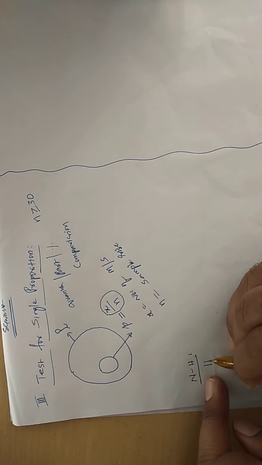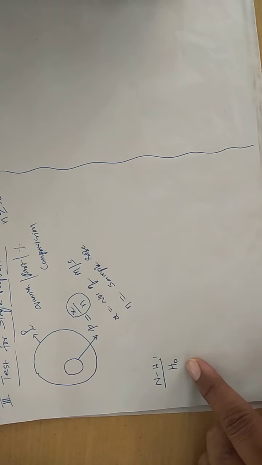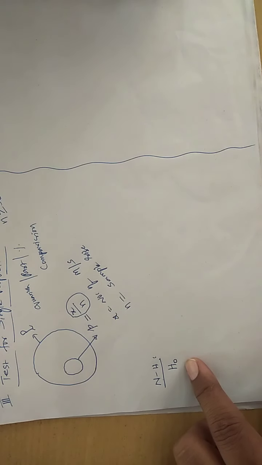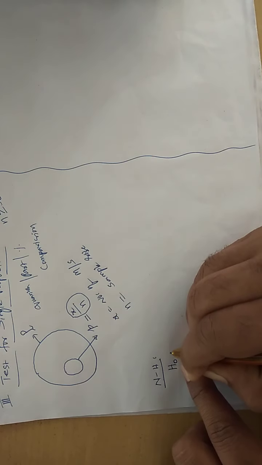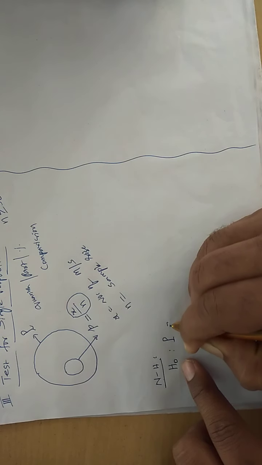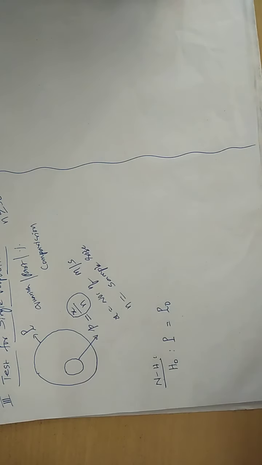That's why for H as a suffix we write 0. It's not O, don't confuse. It's a numerical value, 0 difference. So H naught is nothing but capital P is equal to any given capital P naught, where P naught is a constant value.